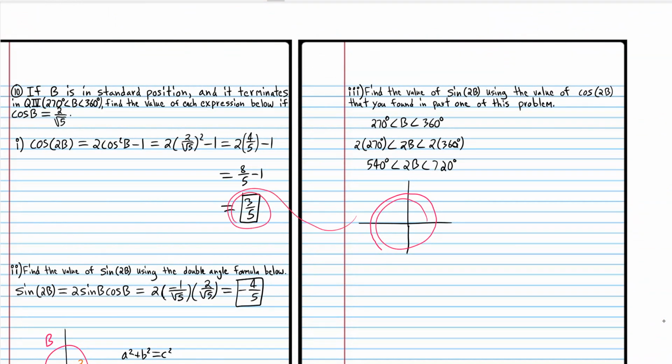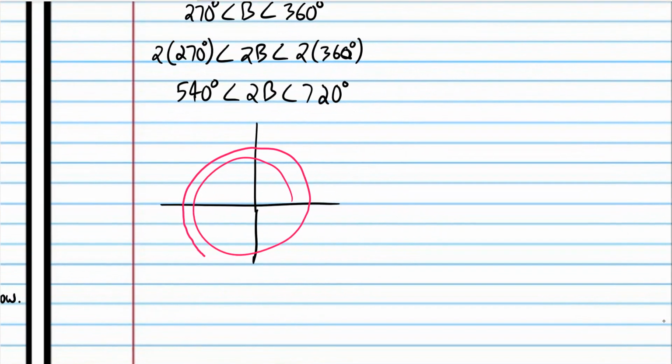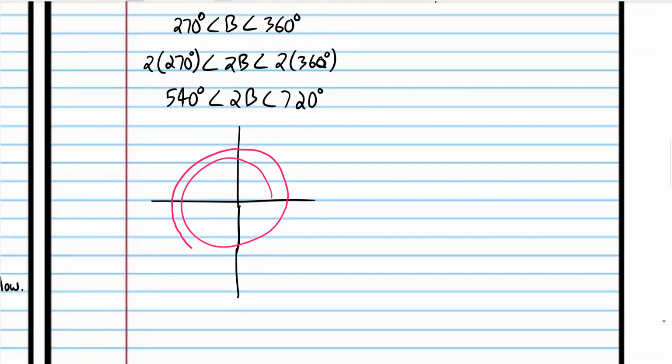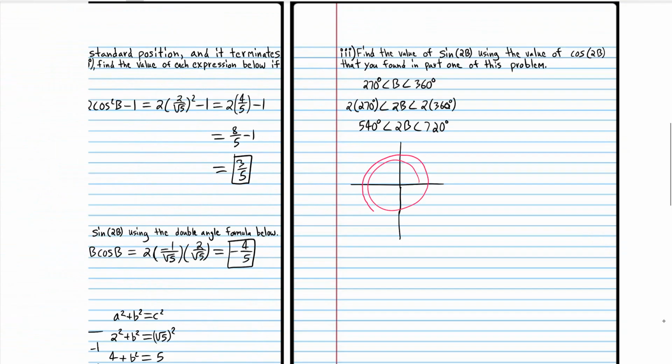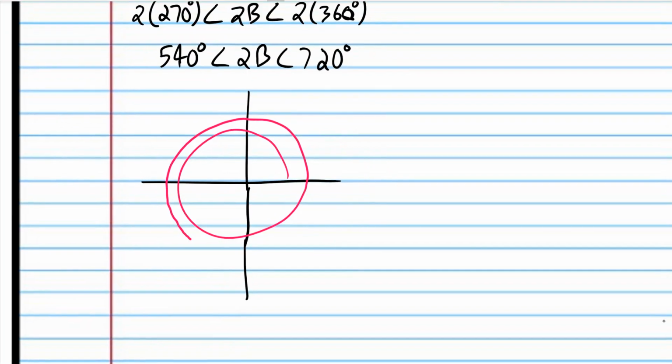Cosine is going to be positive. So that means that we have to go all the way to the fourth quadrant. It can't be the third quadrant because, again, cosine 2b is positive. So we're going to go all the way to the fourth quadrant and draw a hypothetical triangle.